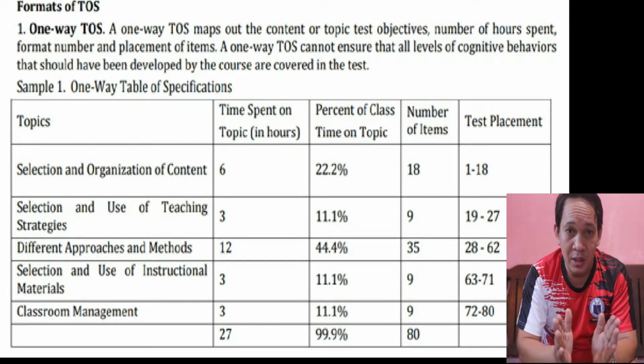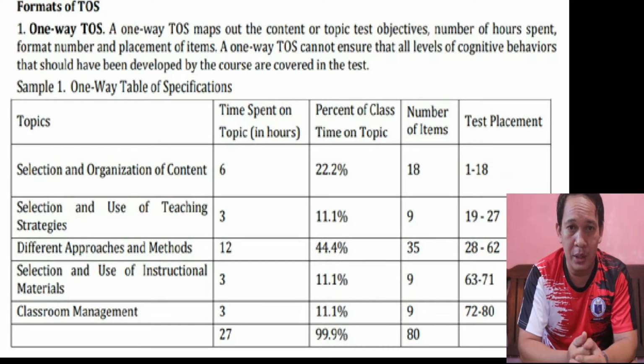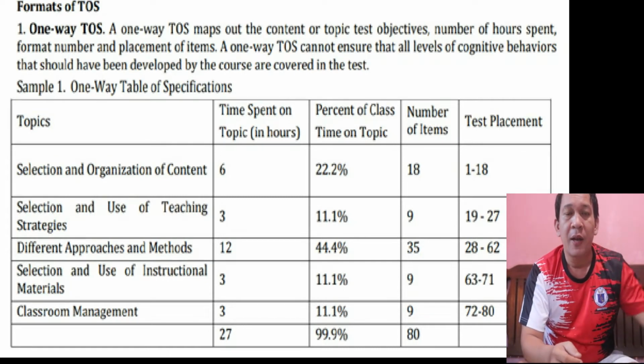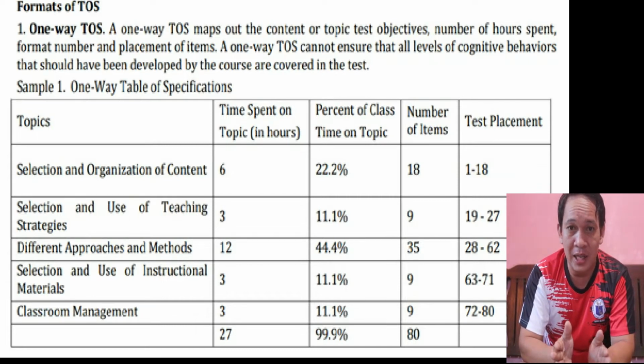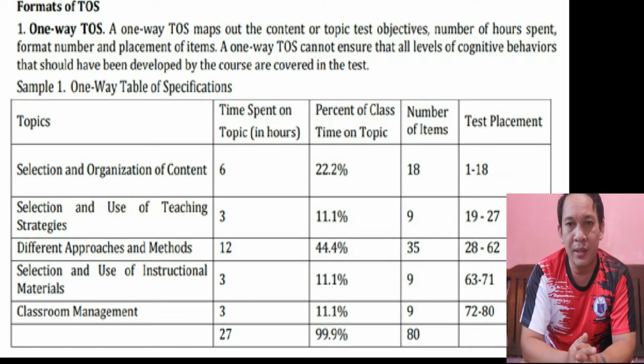You will see the column for topics, for example selection and organization of content. Then time spent, for example 6 hours. Again, the time spent or hours per topic cannot be decided arbitrarily; we look at the curriculum guide or the module itself. Then the percentage.